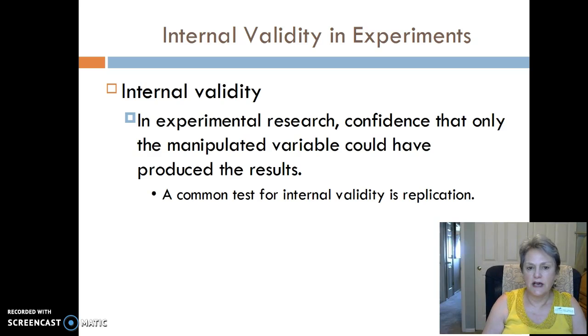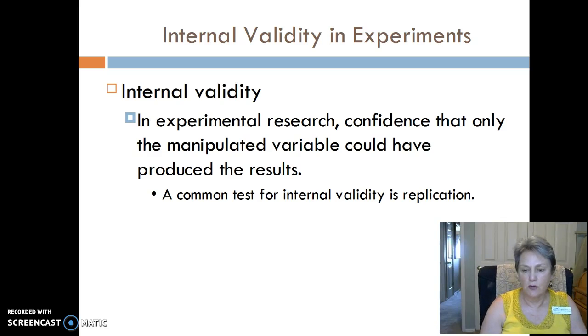And a common test for internal validity is to replicate the study. So it usually isn't enough to just run an experiment and establish a cause-effect relationship and leave it at that. In science, in psychology, we always want to do the study again, to see if we can replicate the results, because that gives the conclusions we come to a lot more validity, a lot more strength, the more it's replicated.